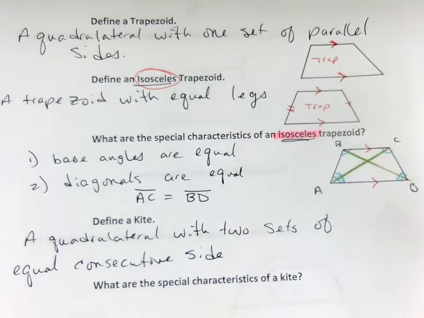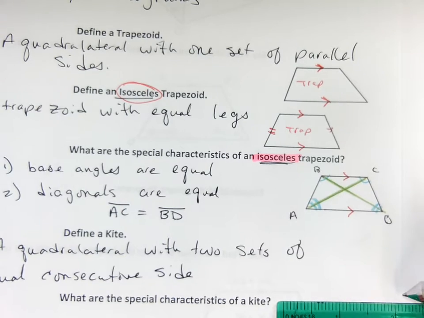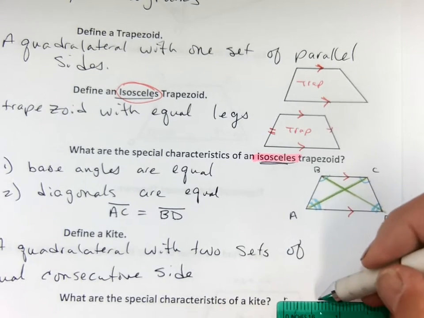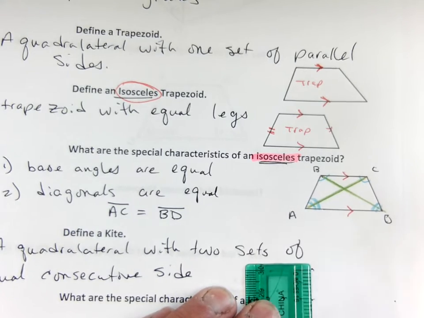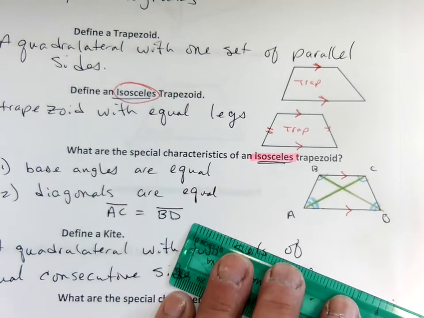So let's see if I can draw a kite. I'll go here, here, about there. Okay, there, there. Okay, that should do a kite.